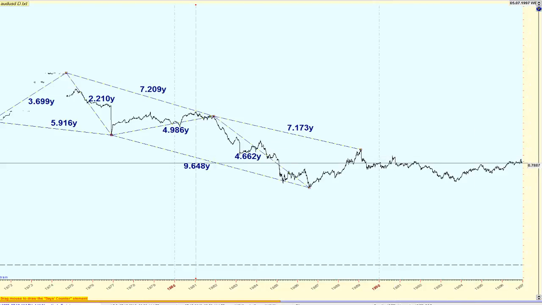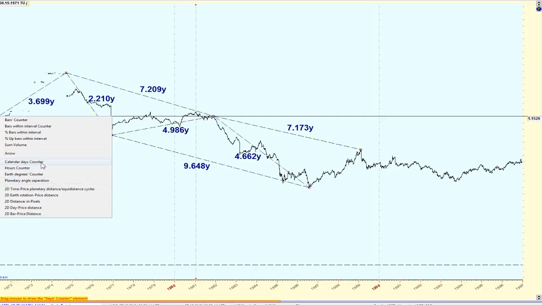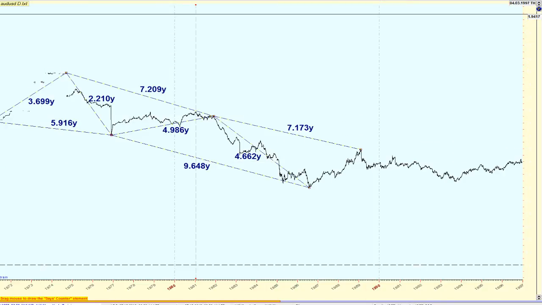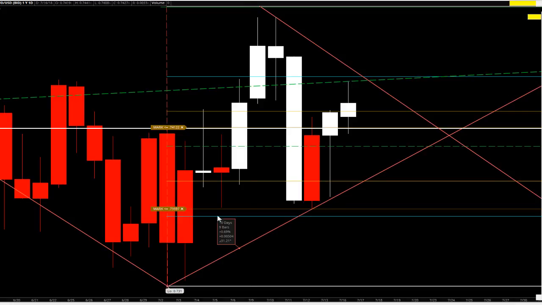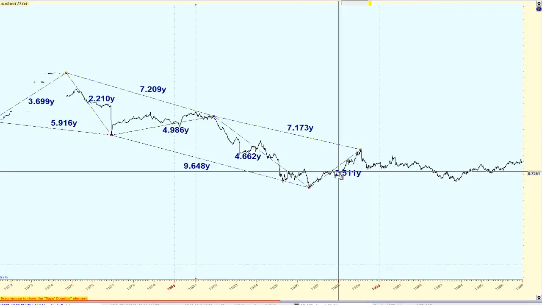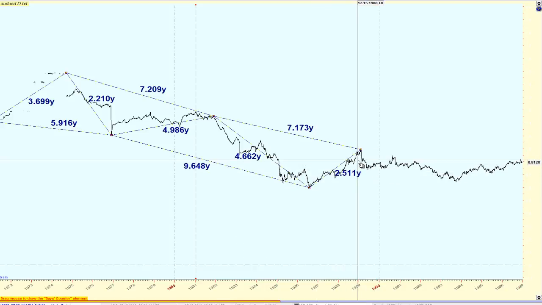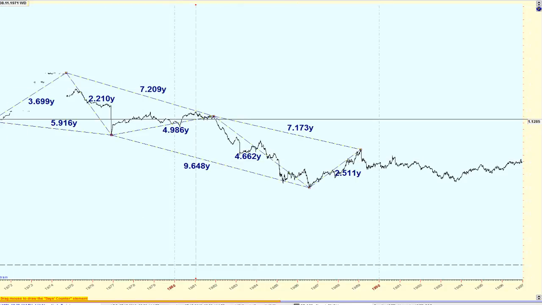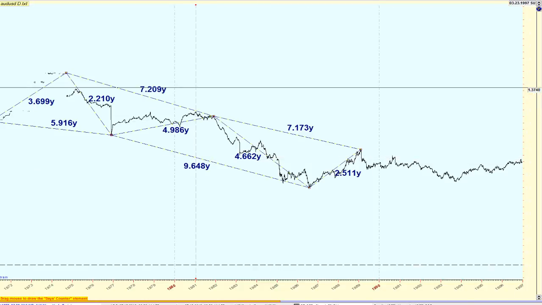Where's my thing at? I don't even know. It disappeared. Oh, well, there's a 2-year here going up, 2 and change. But I'm trying to add more, and I don't see my thing here.